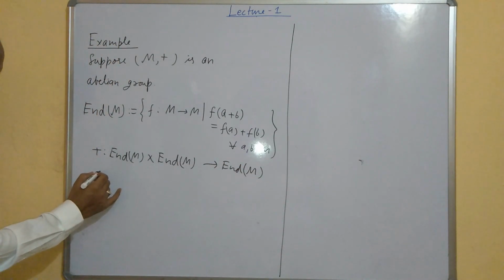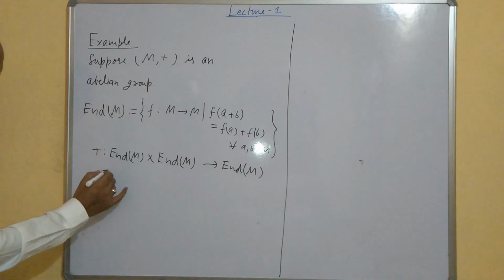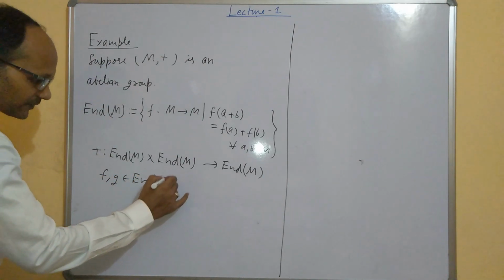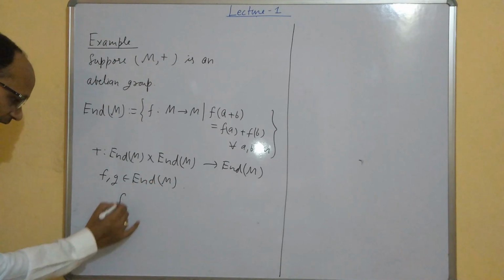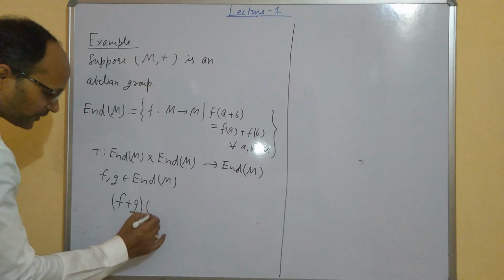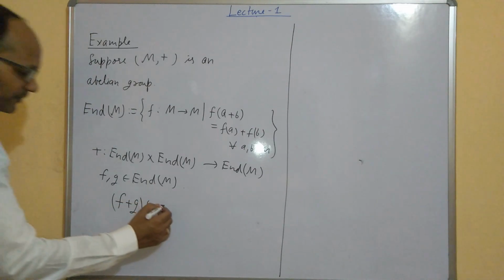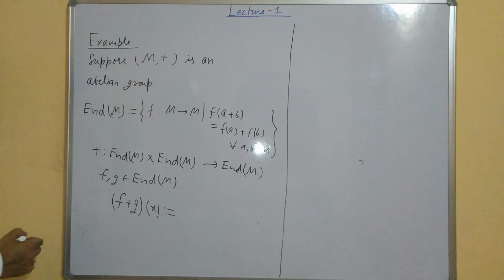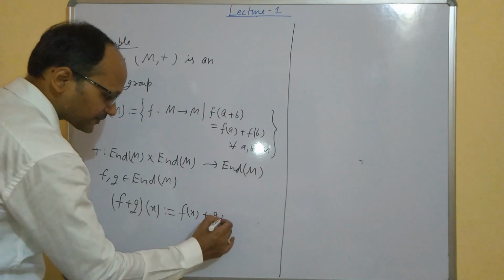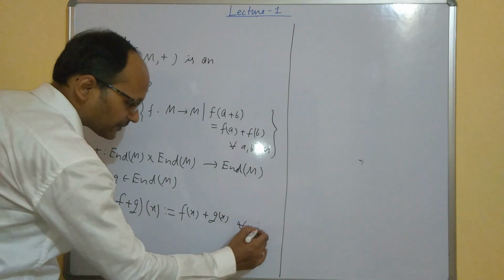If we take two elements f, g in End M, we can define the sum of these two maps. To define the sum of two maps we need to define the image under this map, and this is defined as f(x) + g(x) for all x in M.